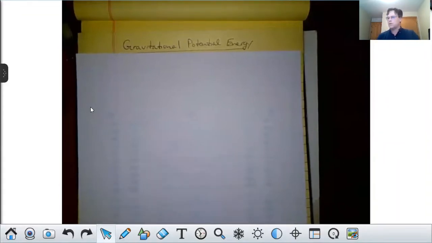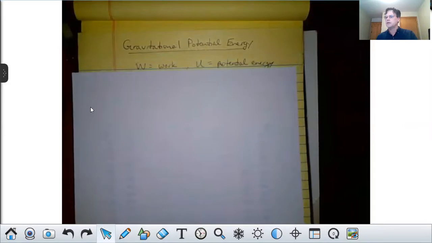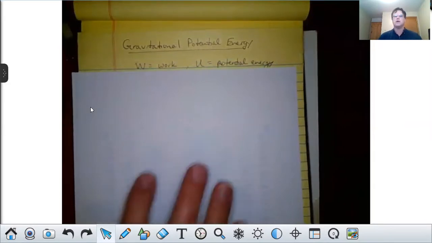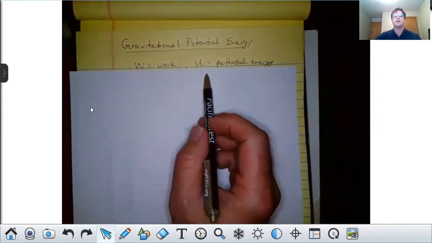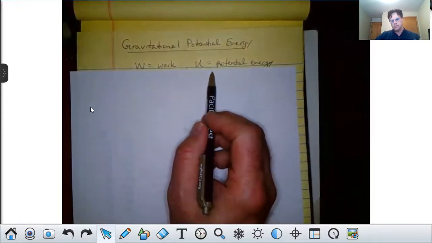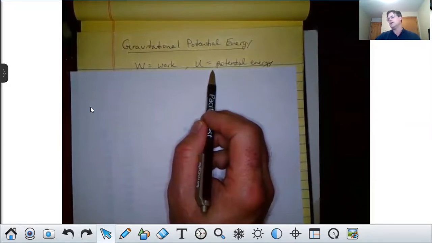If you remember from Physics 221, we use the letter W for work, and U represents the potential energy. In Physics 221, we found that potential energy near the Earth due to gravity was mgy, or sometimes people use mgh. And the potential energy due to a spring, for example, was 1/2 kx squared.